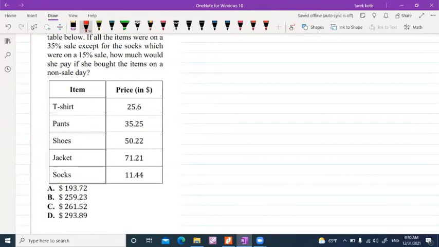To get the original, if you know the selling price, you can consider the following. This is before and this is after. The discount is 35%. So if you consider this is 100, take away 35, it will be 65. Now I know the price, which is 25.6 after the discount. I want to get the original.